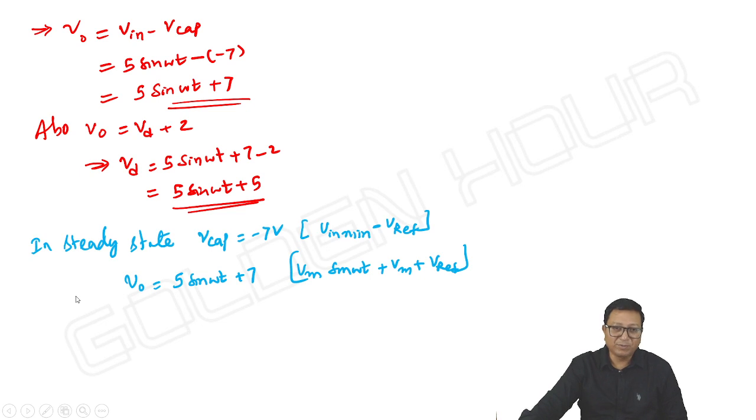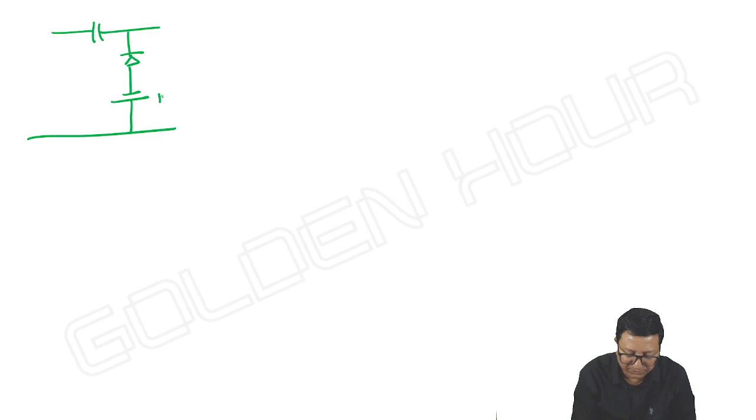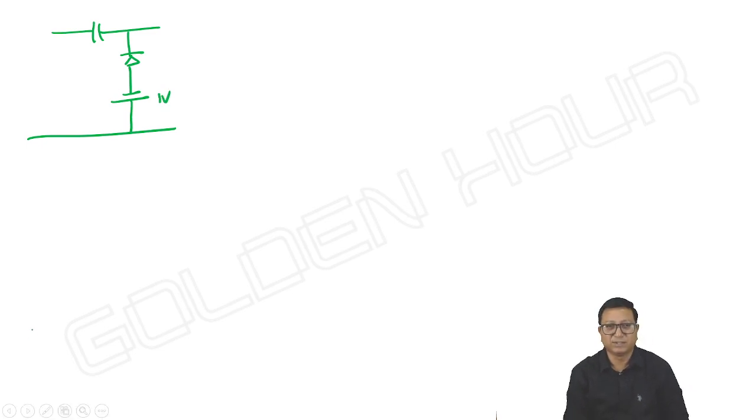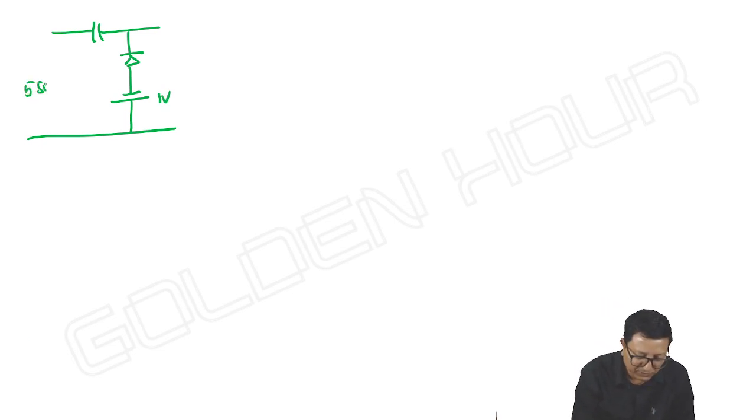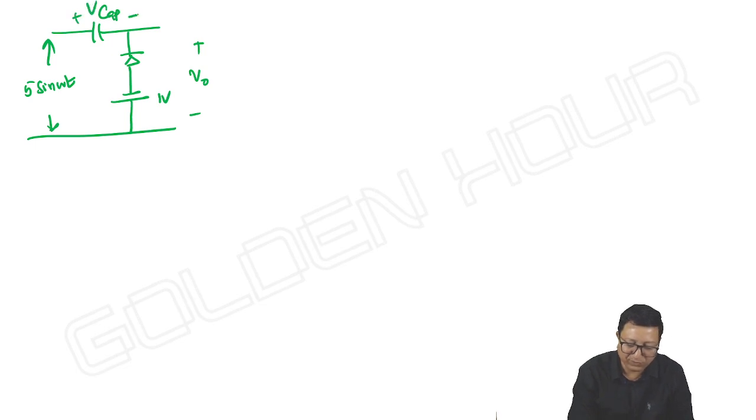Okay, and one more thing, if reference voltage is negative, what happens? The same positive clamper with reference voltage of minus 1 volt. Anything we can take, I am just writing here. So it is 5 sin omega t, V output, V capacitor, like this.